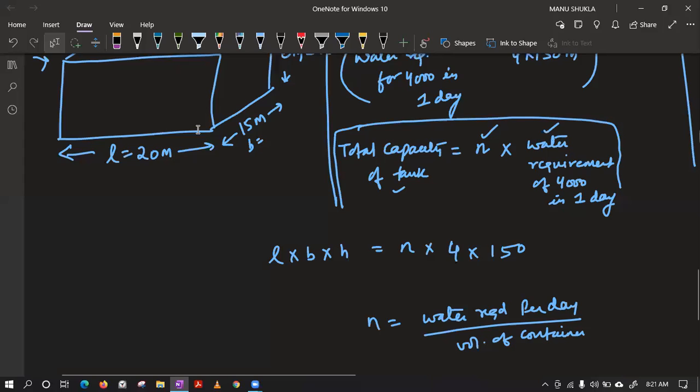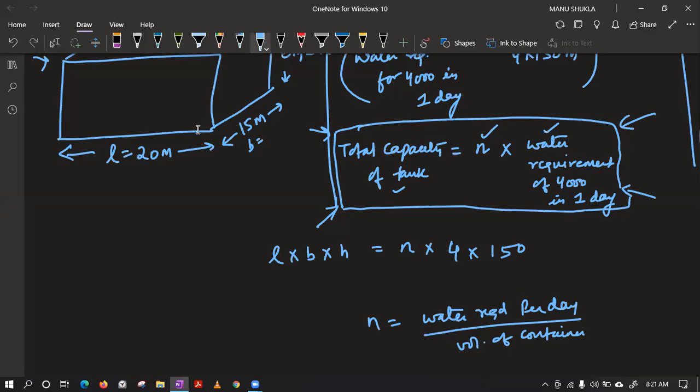No. The reason being, Bhuvanjot, you can see, beta, this equation that I have written over here, this is the only reason to write this, because this tells us the main scenario. We know the capacity of tank should be equal to the number of days and water requirement.